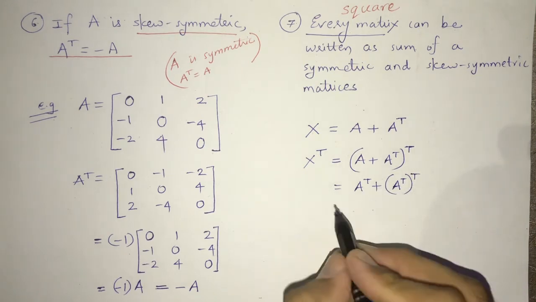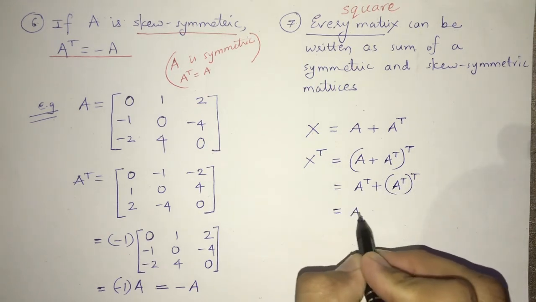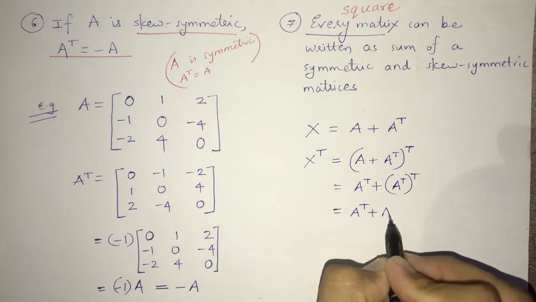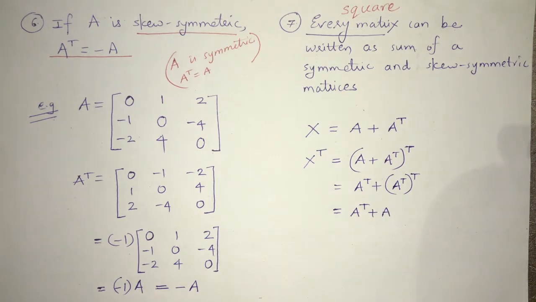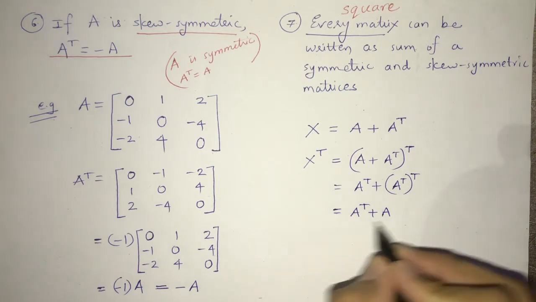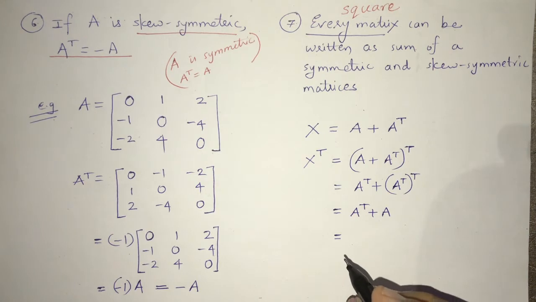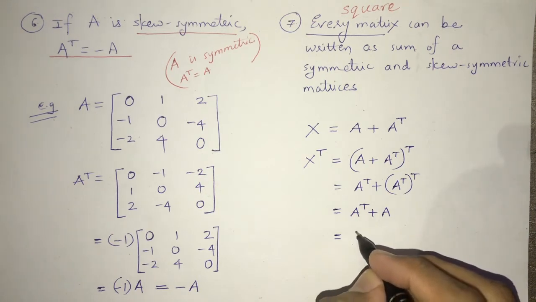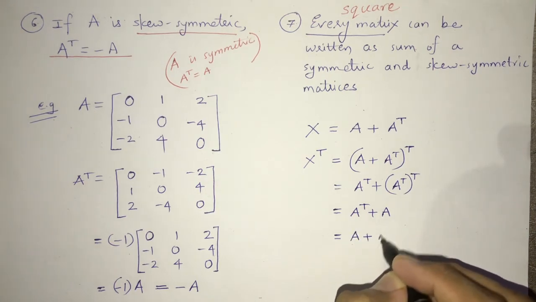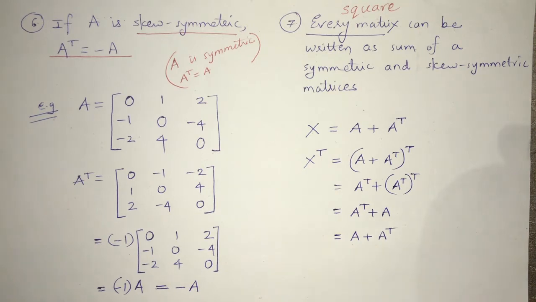And this is the first property: A transpose the whole transpose can be written as A. So we get A transpose plus A. Matrix multiplication is not commutative, but addition definitely is. So after writing it as A plus A transpose, the commutative law can be used in addition, can't be used in multiplication.